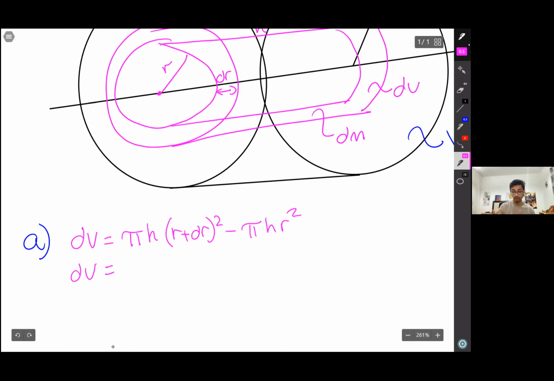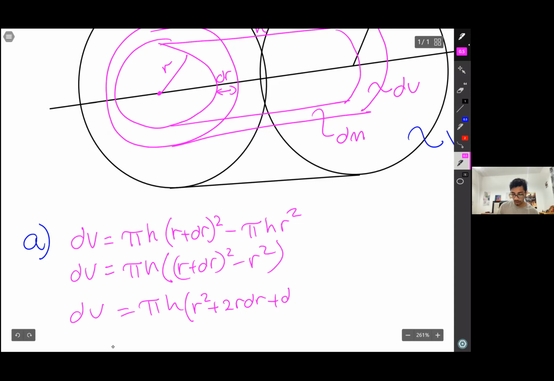Well, let's expand the bracket. I'll factor out pi h. It'll be pi h times (r plus dr) whole squared minus r squared. So it's basically r squared plus 2r dr plus dr squared minus r squared.